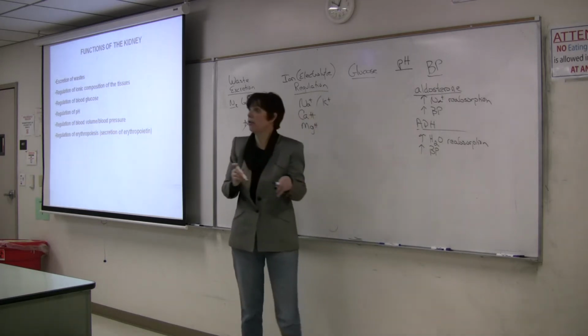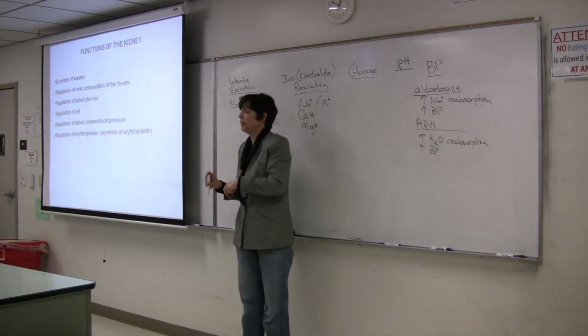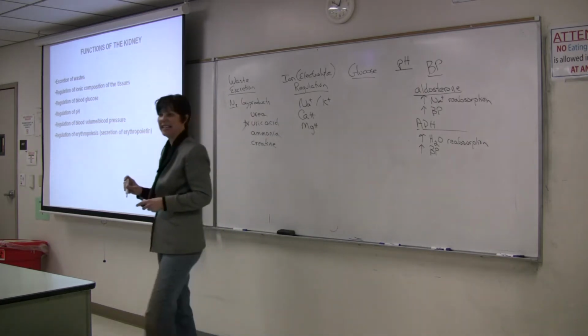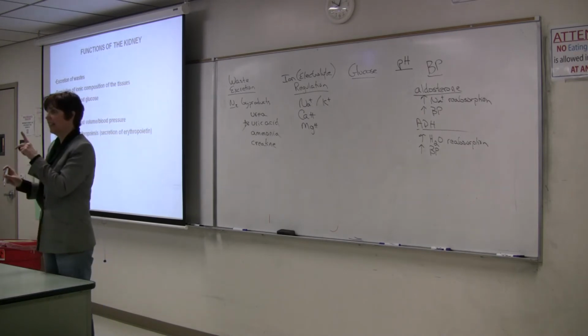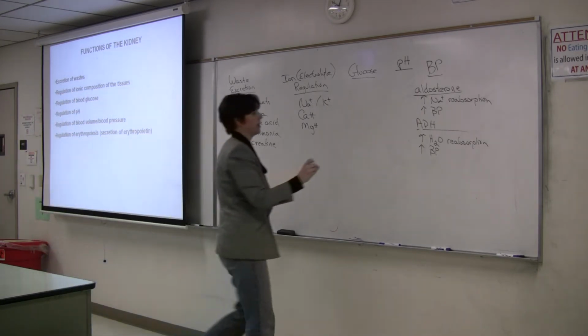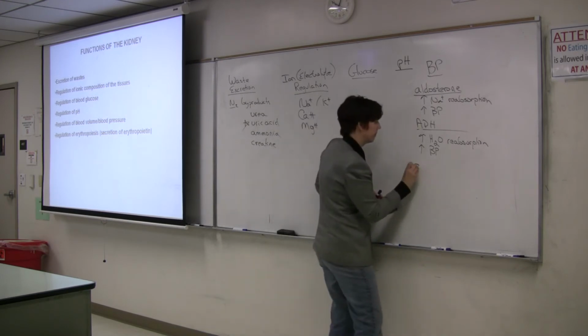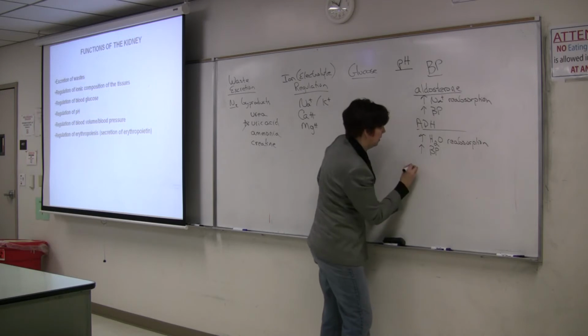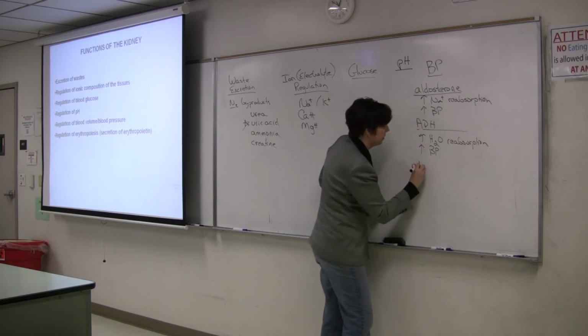And then we had another hormone that lowered blood pressure. Anybody remember what that one was? As soon as I tell you the organ that makes it, the heart. Atrial natriuretic peptide or protein. So ANP, atrial.